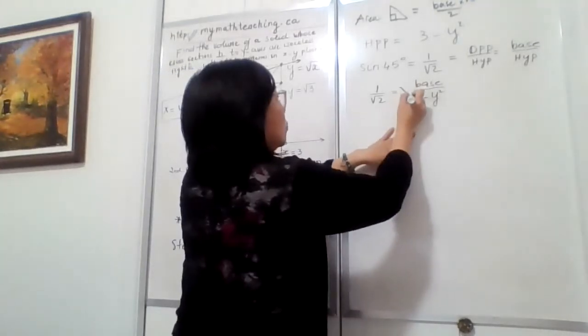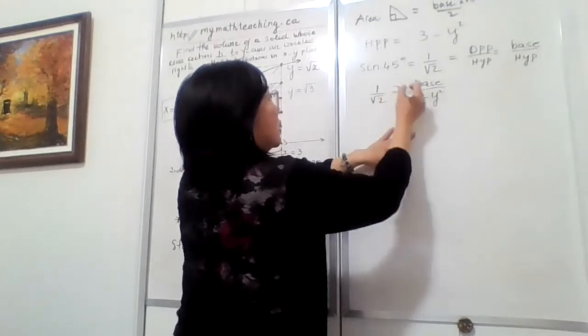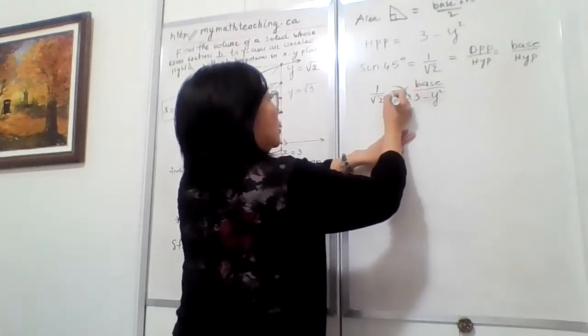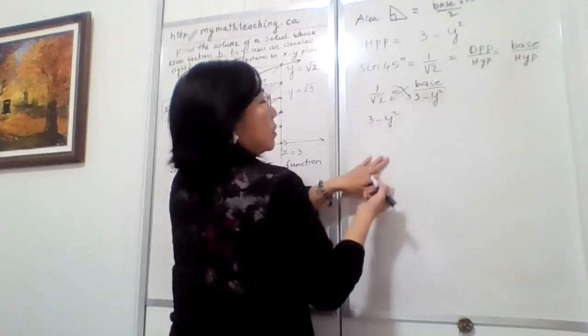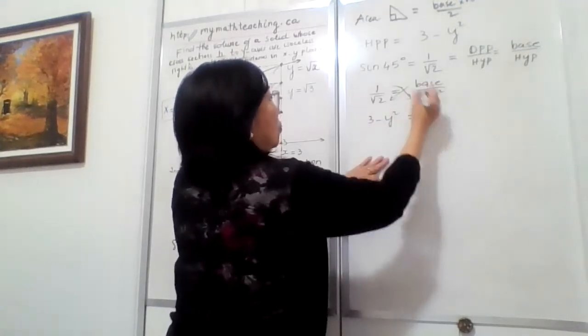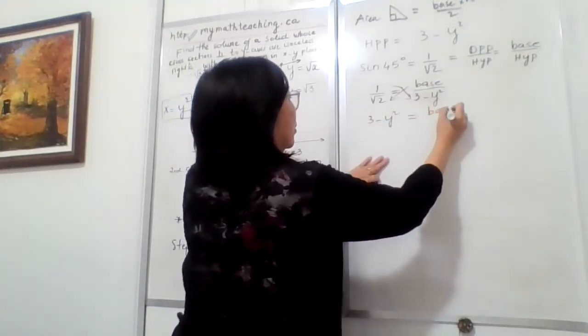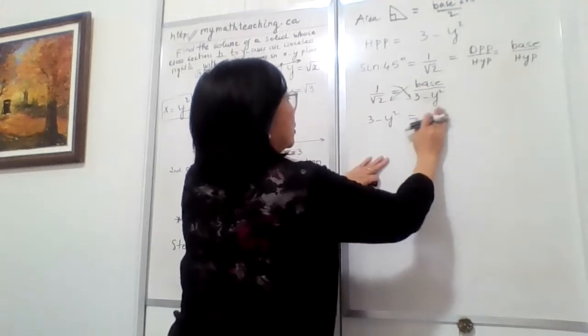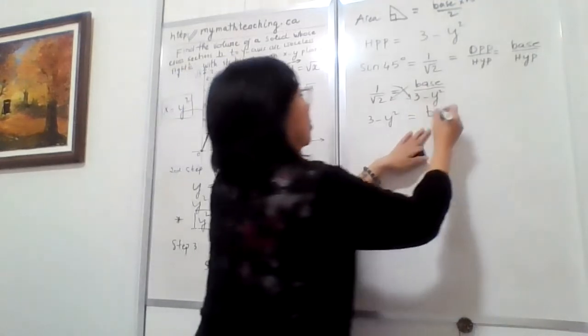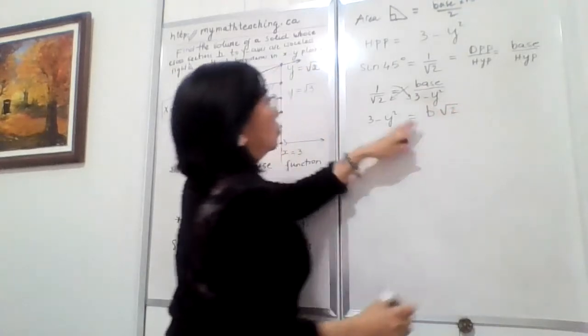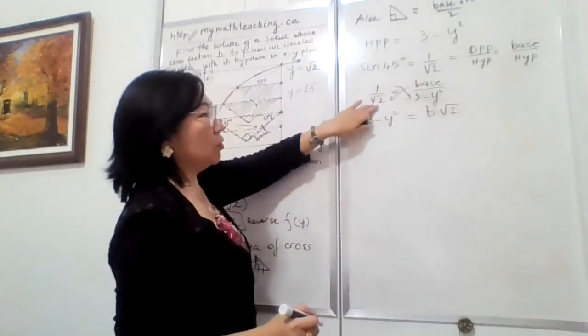If we cross multiply, 3 minus y squared times 1 is the same, and it will equal the base. I'm going to call the base just the letter b for now. So b times square root 2.